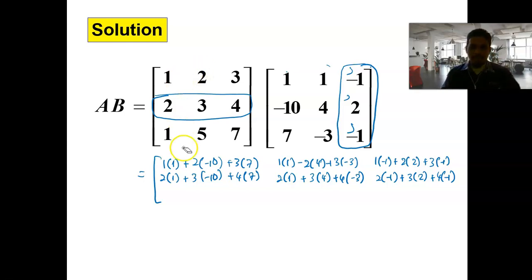So then next, we'll complete the element in row 2 and column 3 here.